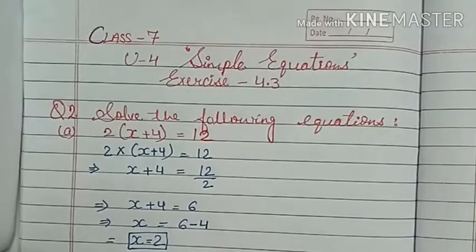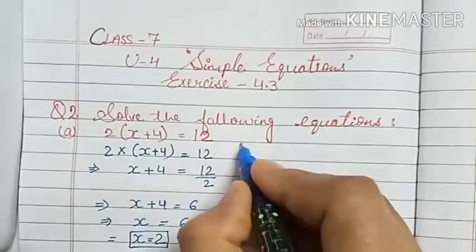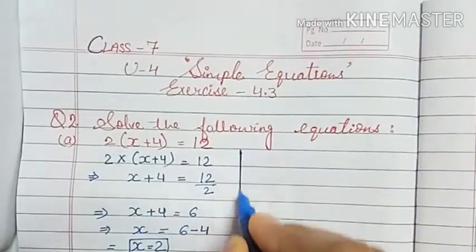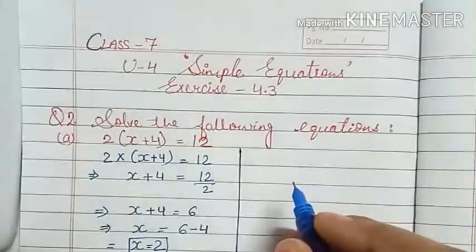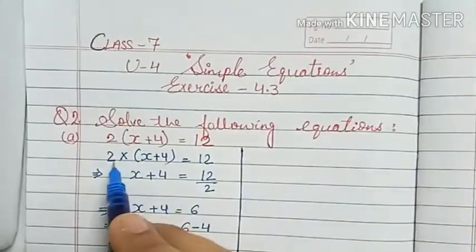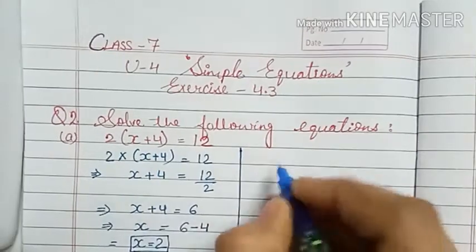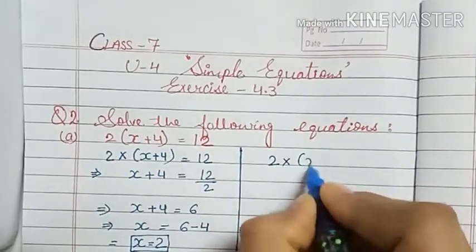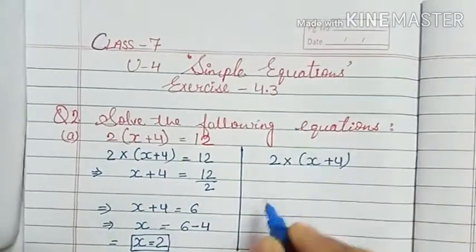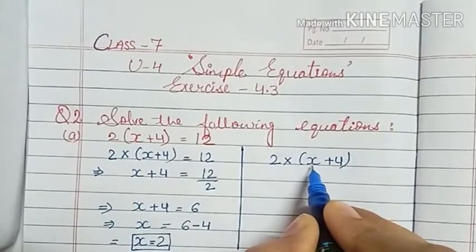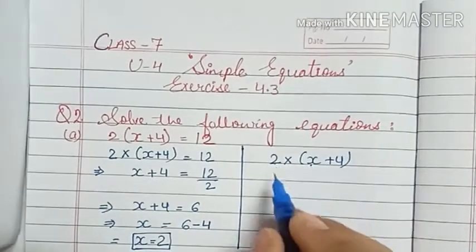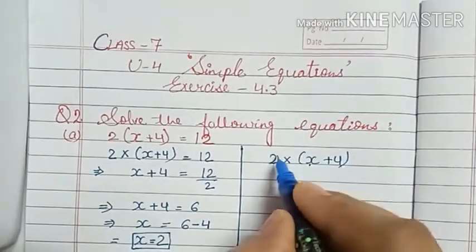There is one more method to solve this equation, and how you can do that? You must know this method also. Here 2 multiplied x plus 4, what does it mean? It is actually a distributive property. It means 2 is multiplied by x also and 2 is multiplied by 4 also.